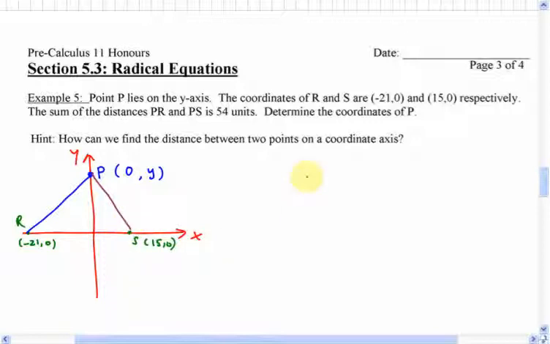So the whole distance: PR plus PS equals 54. So what you need to do here is find an expression to calculate the distance PR and also PS.